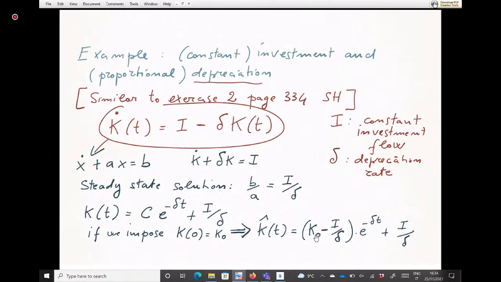So the initial deviation of the capital stock from its steady state level multiplied by my exponential of minus delta t, plus I over delta. Since delta is a positive depreciation rate, this is something that in the long run will disappear, and in the long run the equilibrium level of the capital stock will be the one the economy reaches, okay, in the long run.